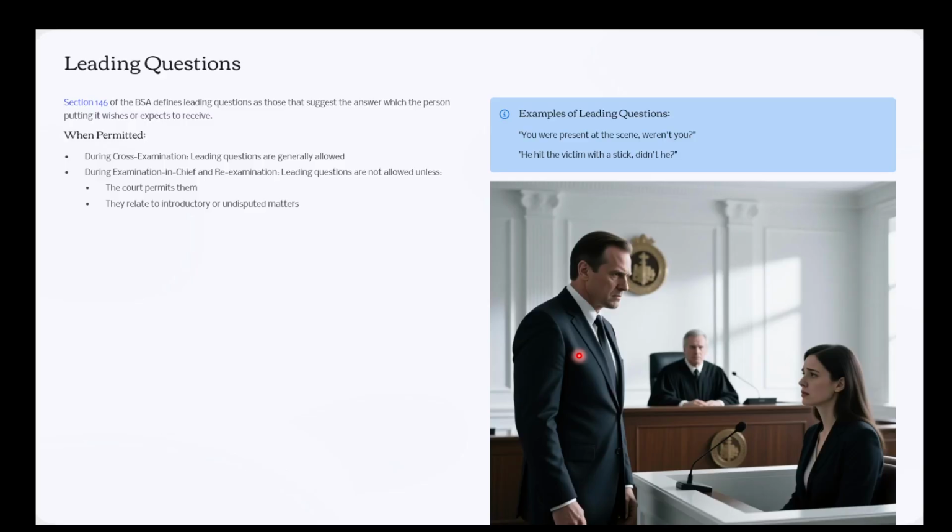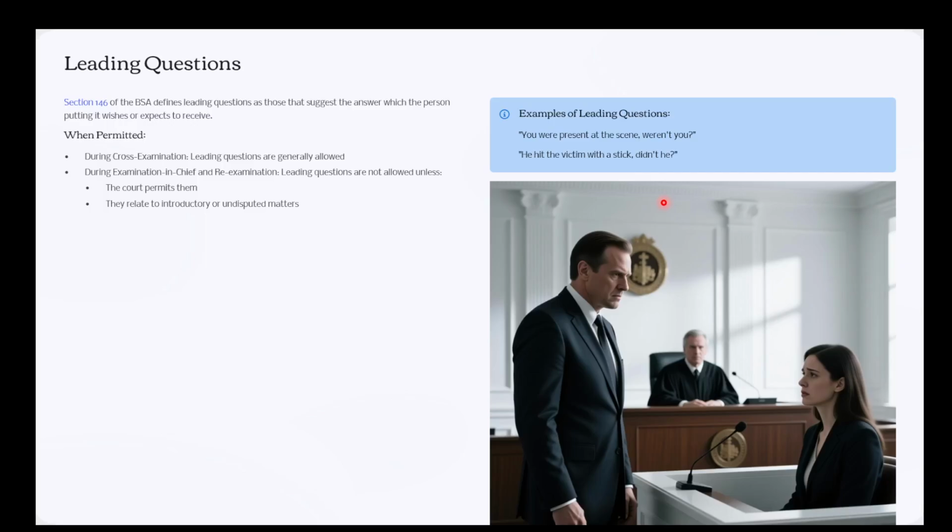When is it permitted? During cross-examination, leading questions are generally allowed. During examination-in-chief and re-examination, leading questions are not allowed unless the court permits them. They are relevant to introductory or undisputed matters.